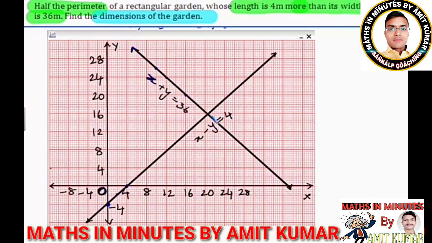Here we can see that both lines are intersecting each other at 20, 16.